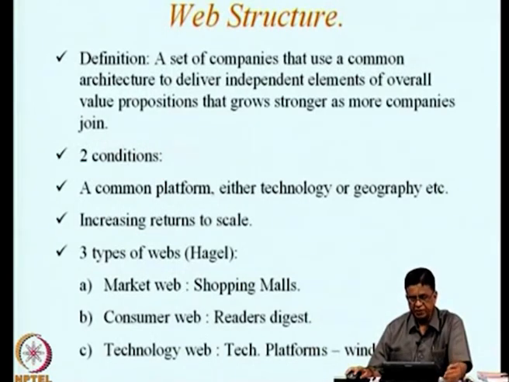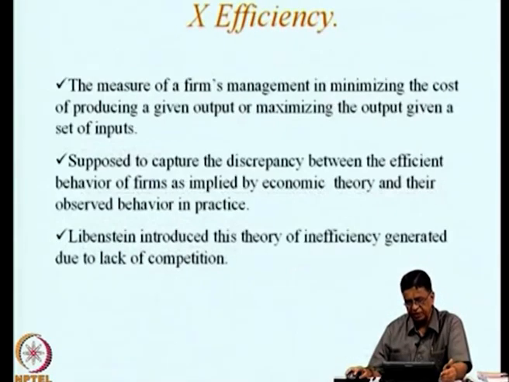We also looked at what is meant by this web structure, when it can be brought into play, the types of webs, namely the market web, the consumer web, the technology web. What is this X efficiency?